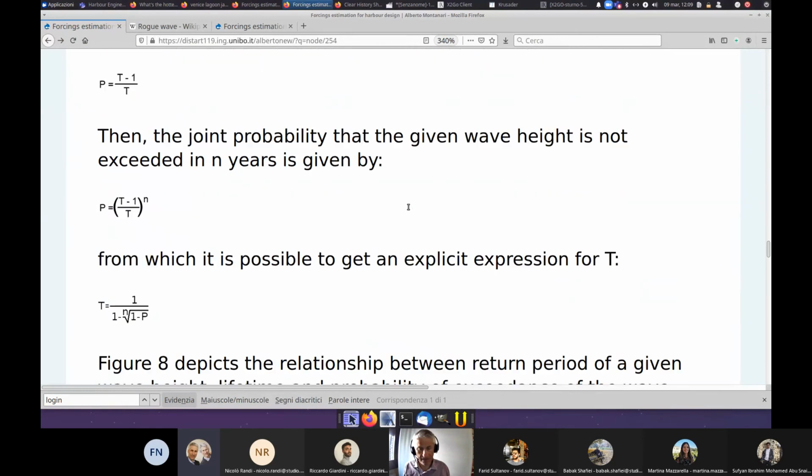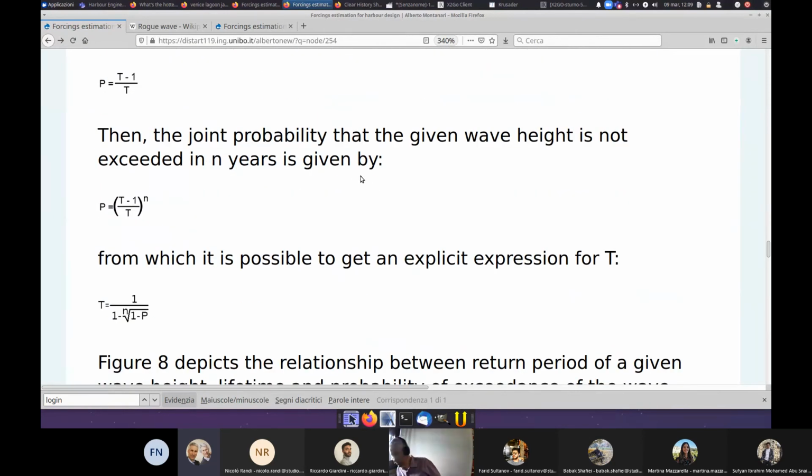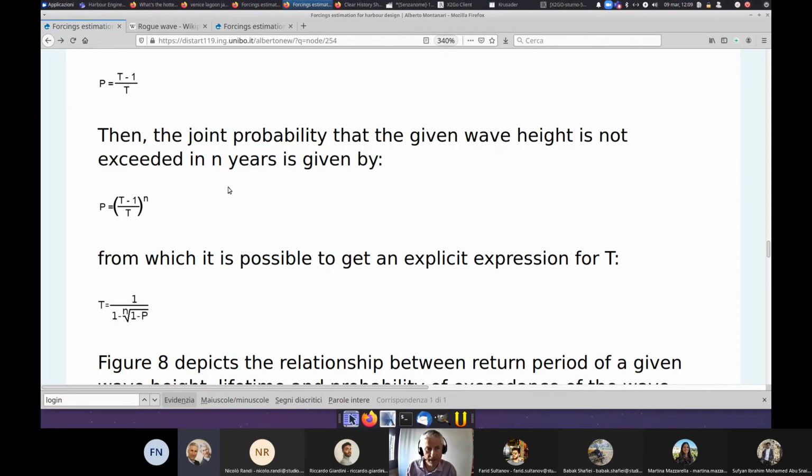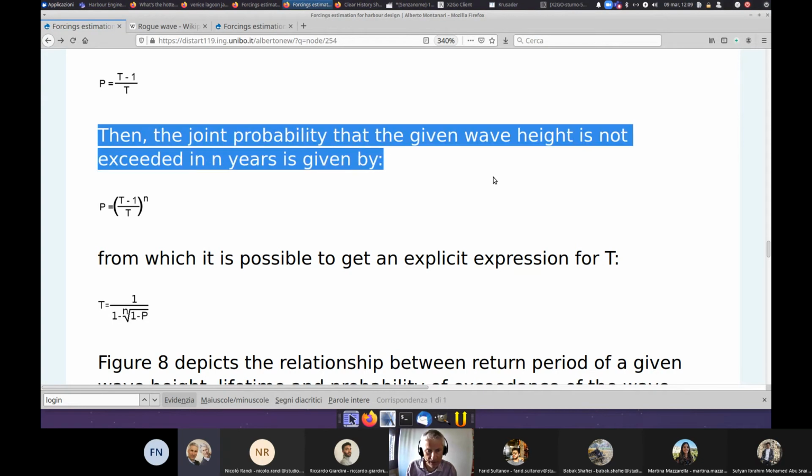Now, the other thing that I wanted to discuss with you is the probability that a given wave height is not exceeded in n years. And this is given by this relationship. Why am I interested in this?